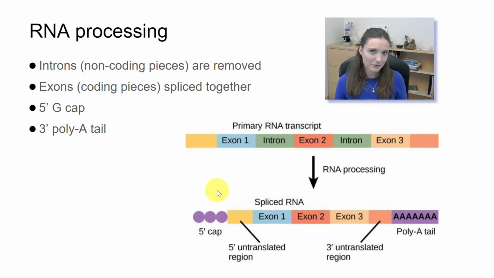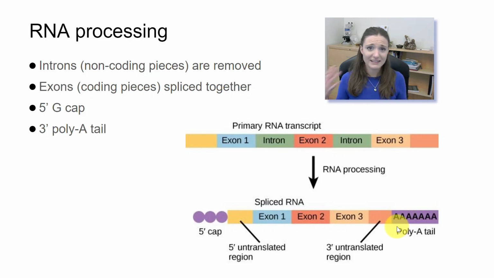So these have a couple functions. This 5' G cap helps the ribosome attach to this mRNA. Remember, ribosomes are the ones that actually build protein, and they use this mRNA as instructions for how to build that protein. So this 5' cap helps that mRNA attach to the ribosome. This poly-A tail helps slow down the degradation of this RNA in the cytoplasm.